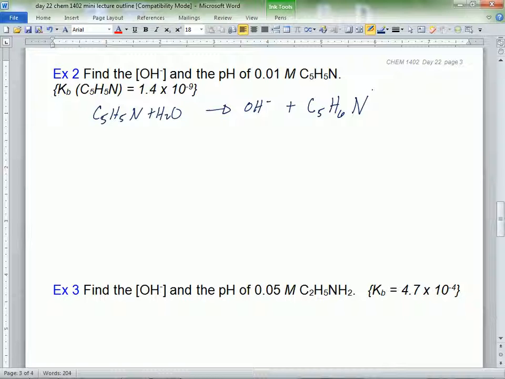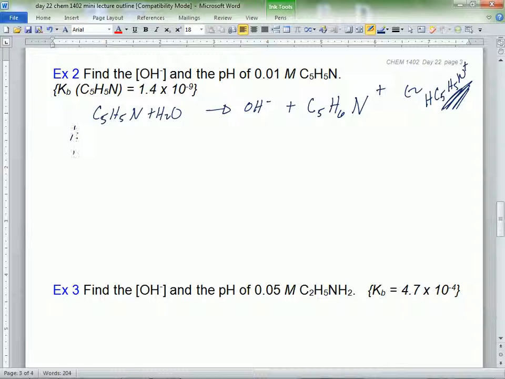She has her H in there. She just forgot the what? The plus. So you have to add an H plus. Some folks might have written it as HC5H5N plus, but it doesn't really matter. I kind of like writing it this way because it's more obvious that it's a conjugate acid, but that's okay. It all works.